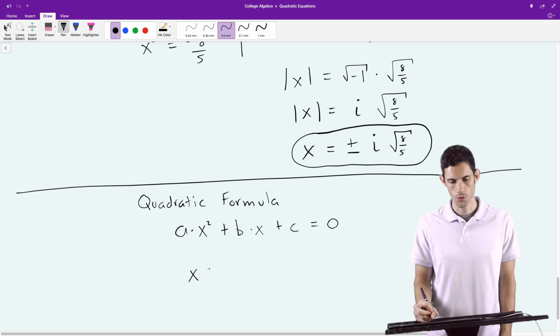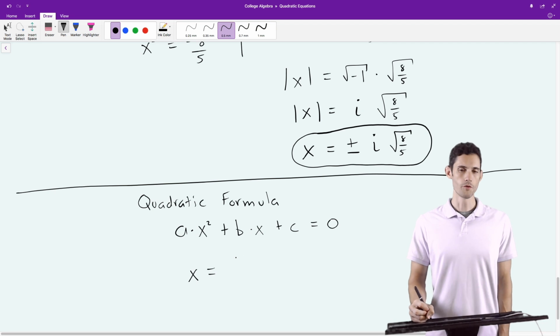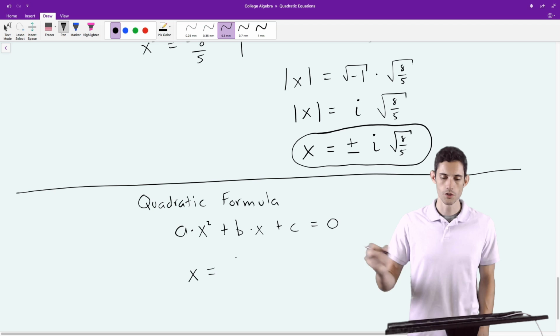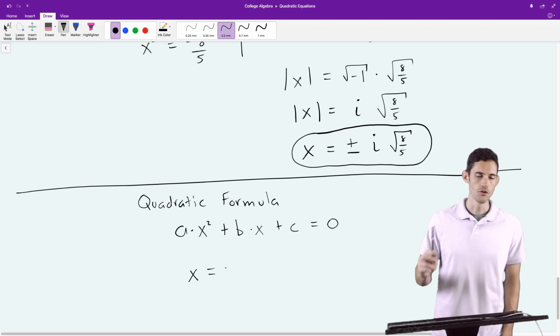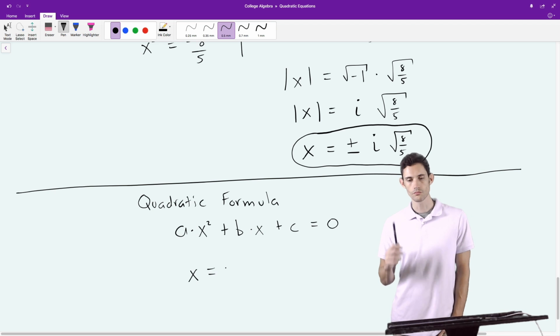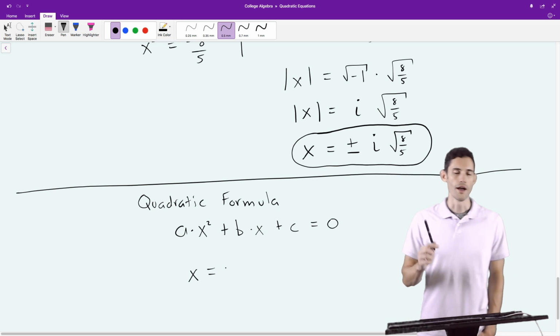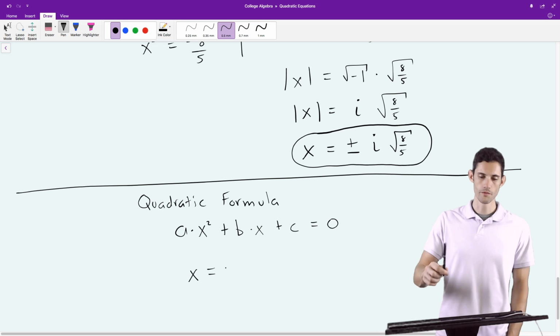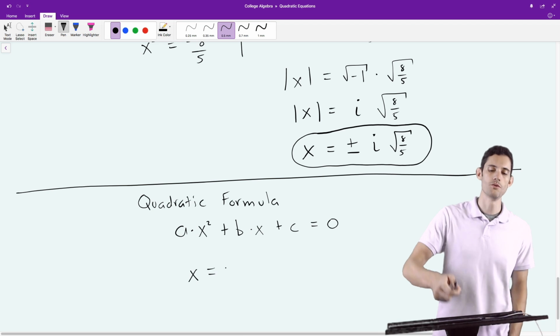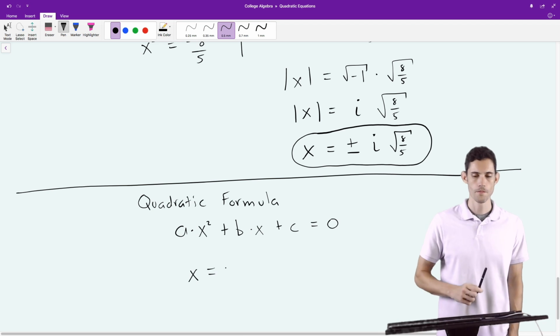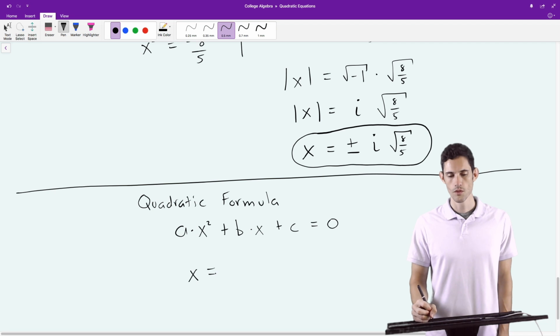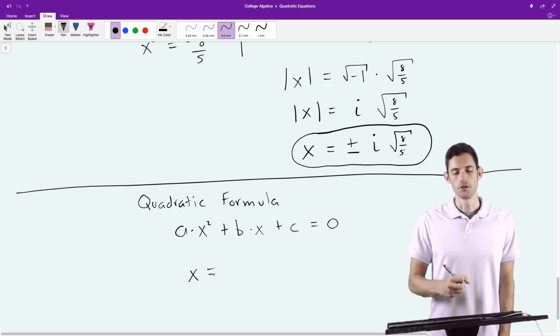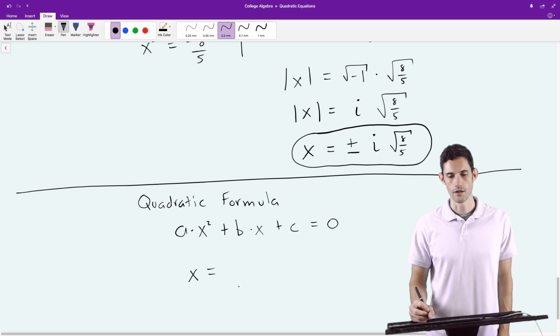Well, I'm writing down the quadratic formula. The quadratic formula is, and this is just the solution for x right off the bat, so you can use this whenever you want. You might have to do a little algebra to get whatever equation you're given into this kind of format, but after you do that, you can just write the solution down, which is very nice.